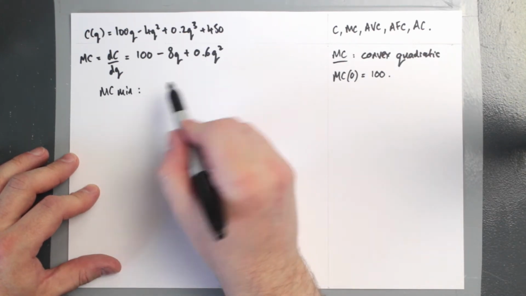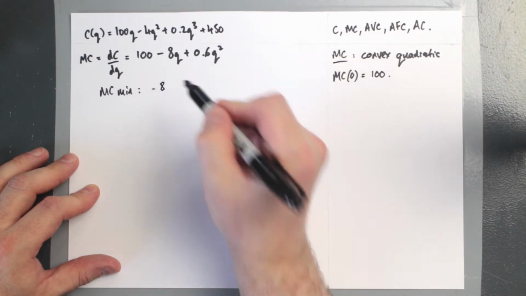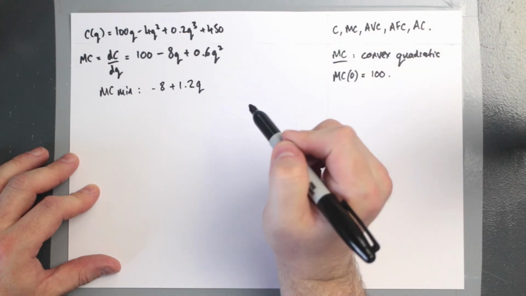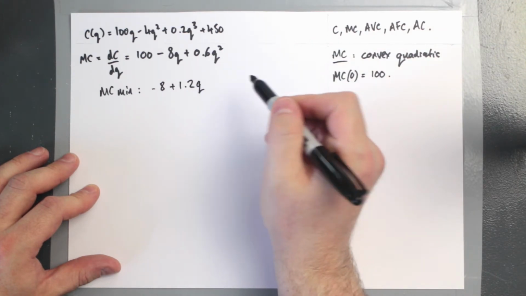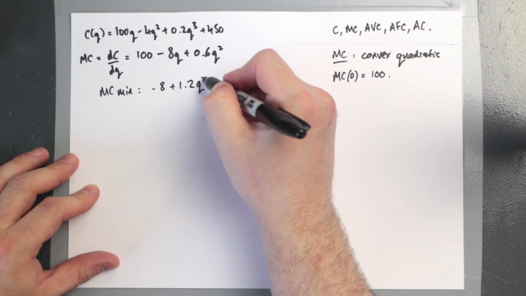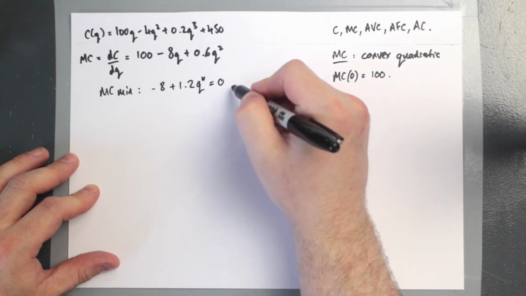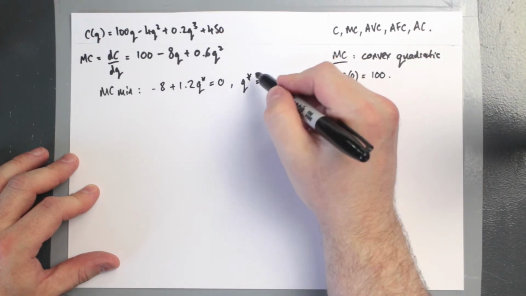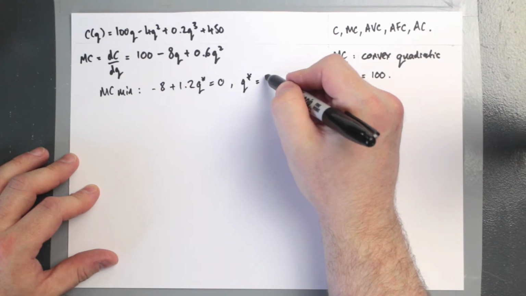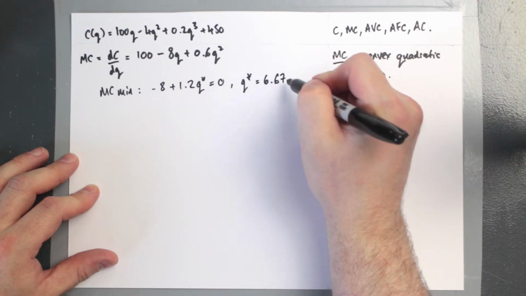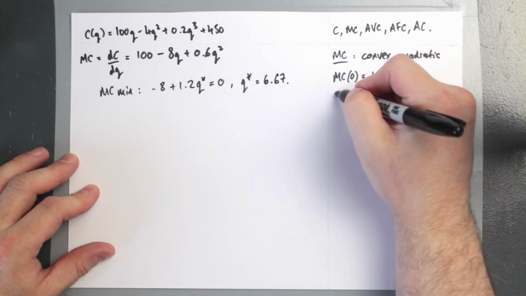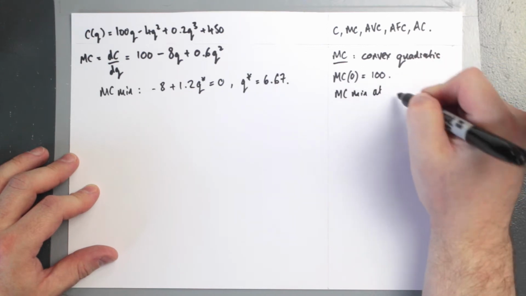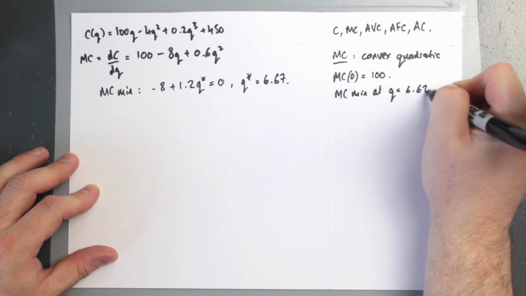The second derivative of the cost function would be minus 8 plus 1.2 times q. That's the first derivative of marginal cost, or the second derivative of the cost function. We're looking for the q star that makes that 0. That's the same as q star being equal to 8 divided by 1.2, which is 6.67. So MC is minimized at q equal to 6.67.